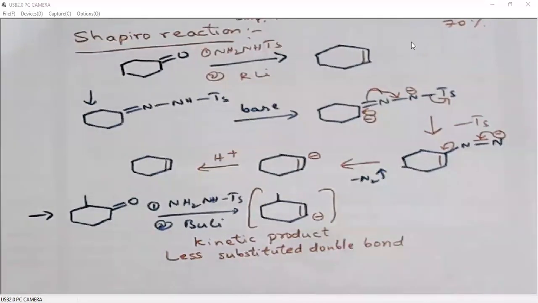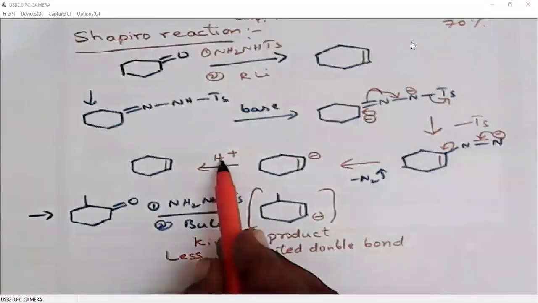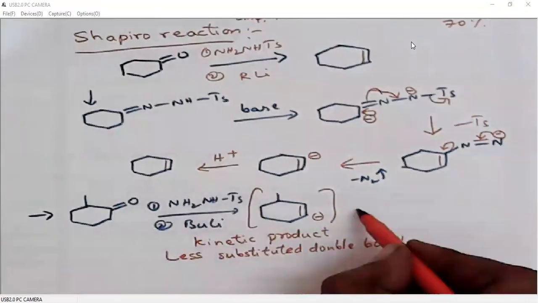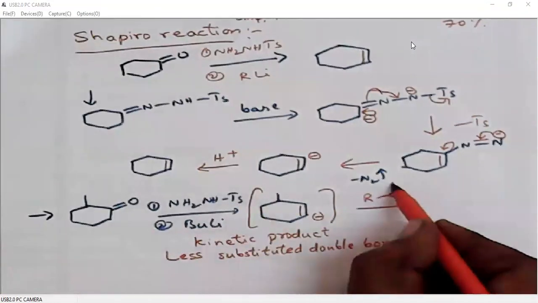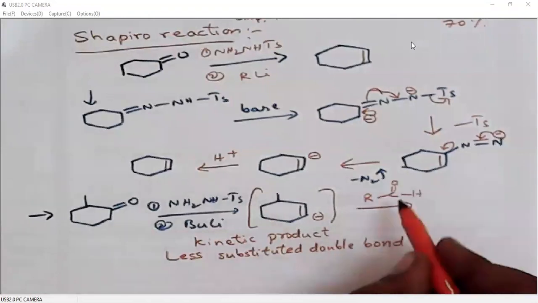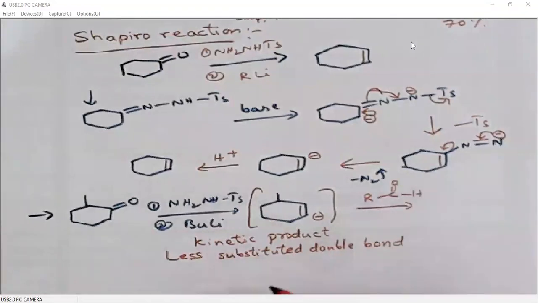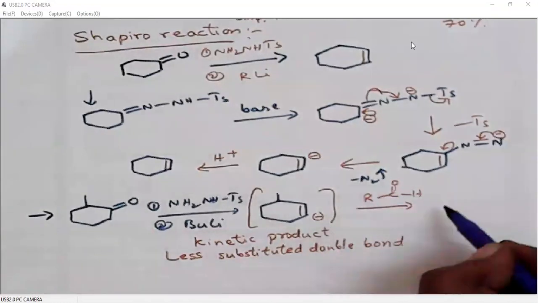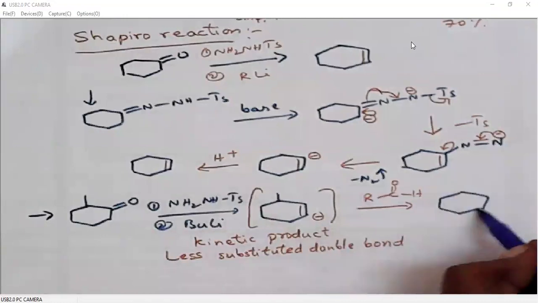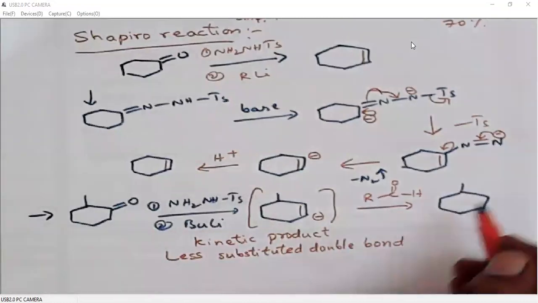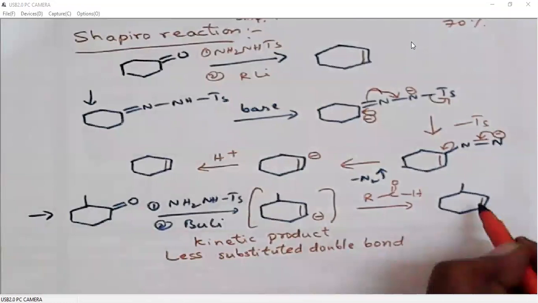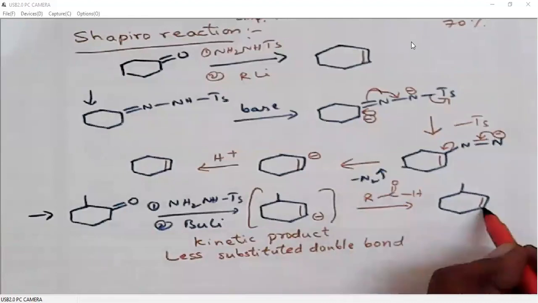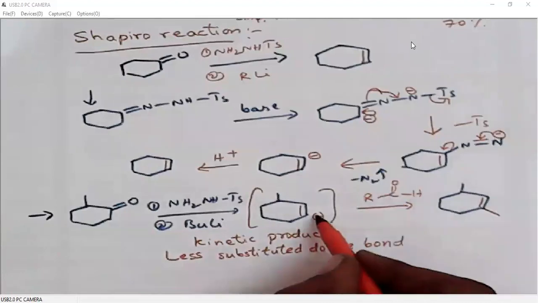Not only that, if we add some proton source, this anion will be quenched. If we don't add a proton source, alternatively we can use some electrophiles like alkyl halides or carbonyls. The carbonyl carbon is electrophilic in nature, right? So this anion will undergo condensation with this carbonyl. If we want to stop at the alkene stage itself, yes, we can add a proton source so that it will stop here. But if we add some other electrophile, then the generated anion will undergo a reaction with this electrophile.